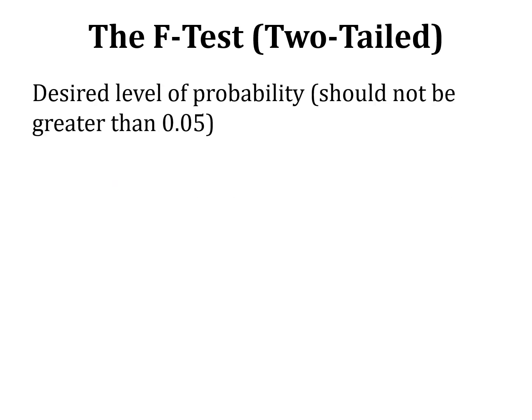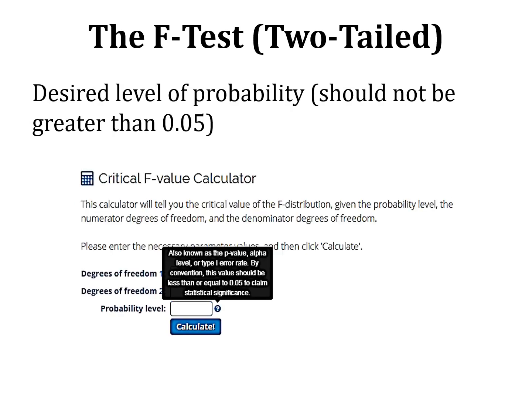Now we are going to put the desired level of probability, and it should not be greater than 0.05. So in box number 3, we are going to put in our desired level of probability, and because we are applying this F-test only to check whether the variances of the two populations that we are studying are similar or not, we are just going to take the basic critical probability level, which is 0.05.